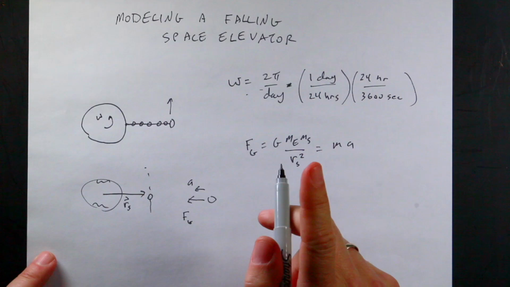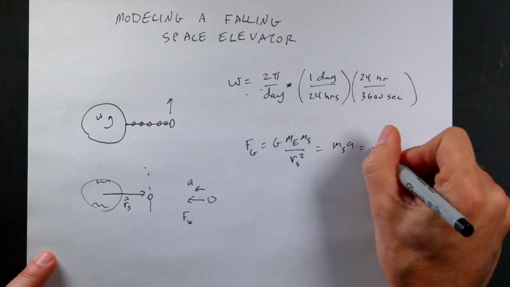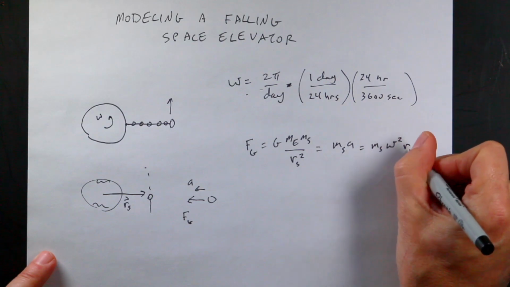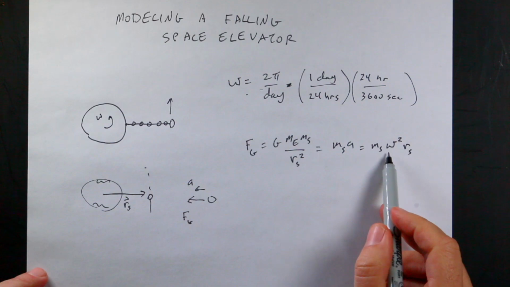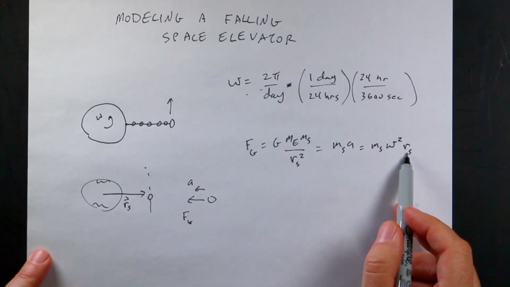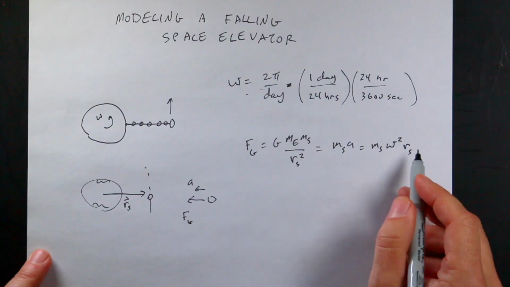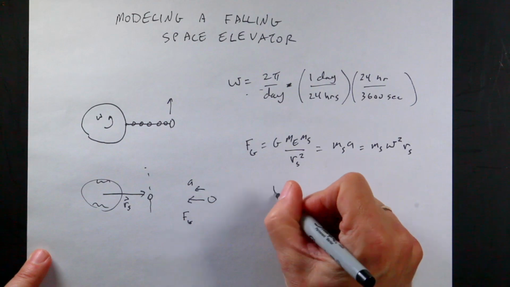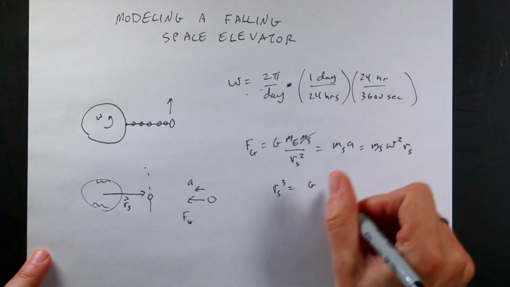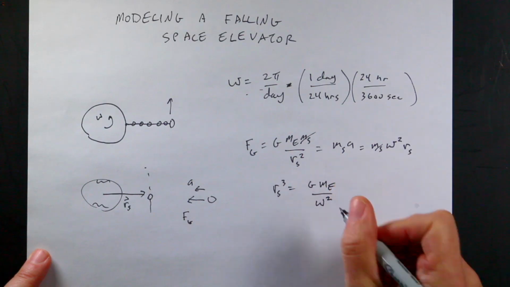But it's moving in a circle. The acceleration of an object moving in a circle, this is ms, is going to be ms omega squared times rs. That's the angular acceleration for an object moving in a circle. Now I want to solve for rs. So if I multiply both sides by r squared and divide by all this stuff, I get rs cubed equals G, the mass of the station cancels, mass of the Earth over omega squared.